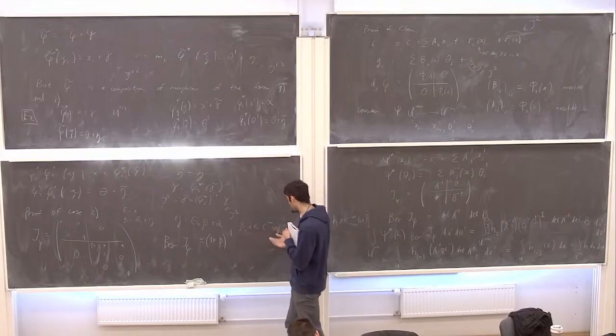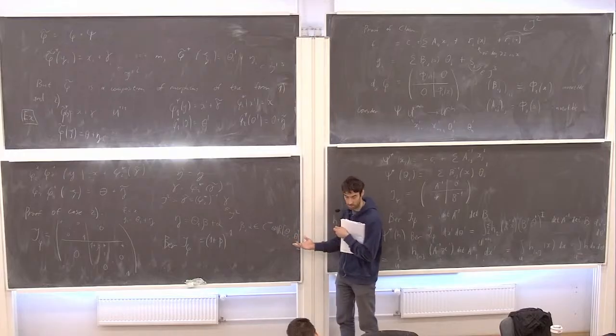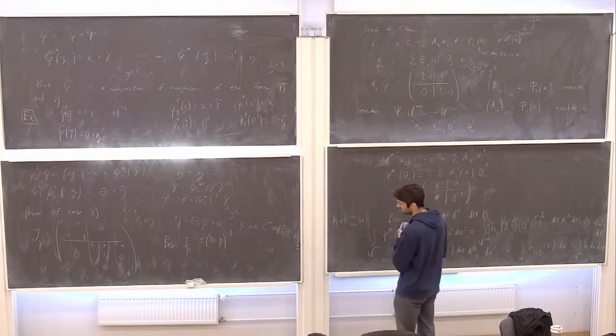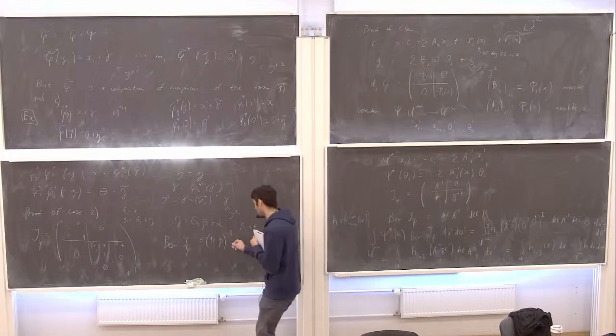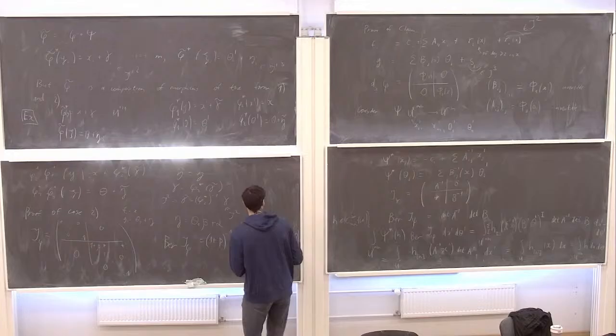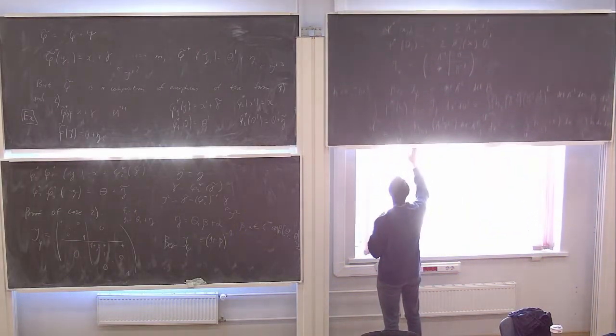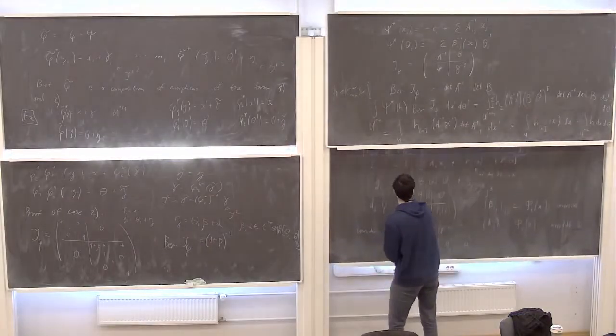Beta contains some theta, so it's really nilpotent. So really, we can invert this. All right. So the Berezinian is this one. Then I just put this into my computation and check.